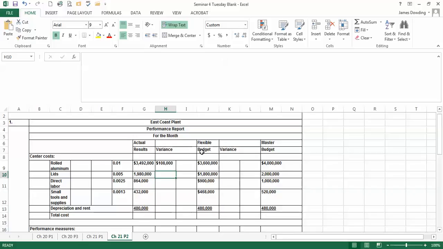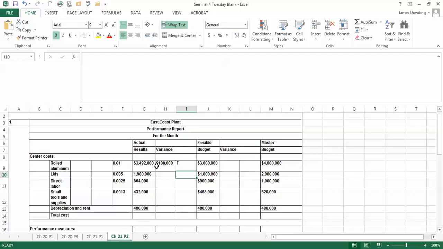Why is it favorable? We had anticipated that our costs would be 360 million, but in actuality they were only 3,492,000, which gives us a favorable of 108. Since that's favorable, let's put an F to mark that.